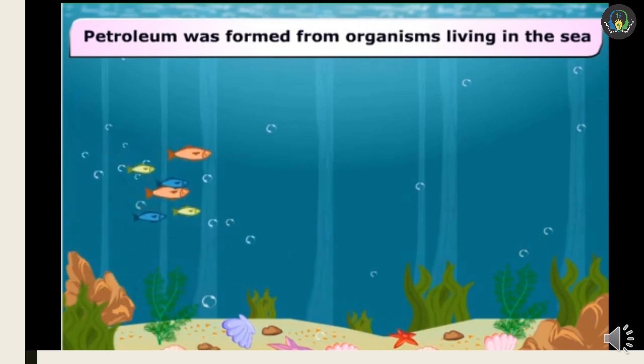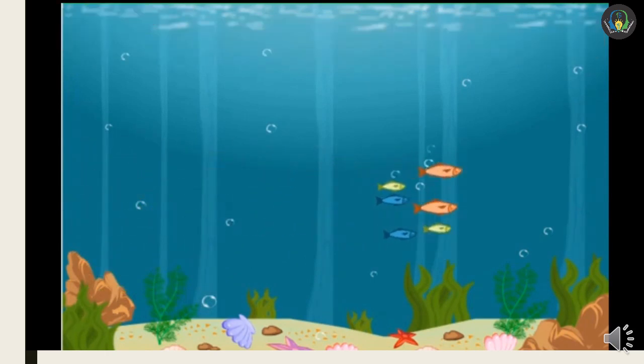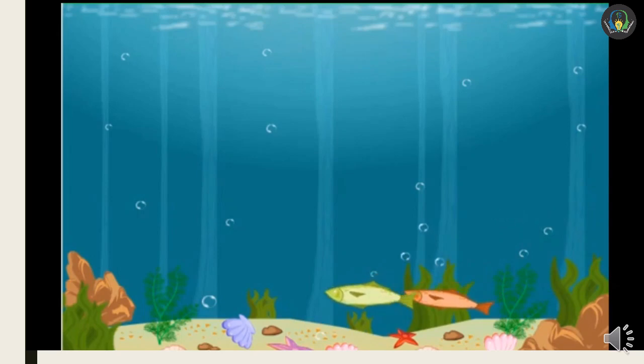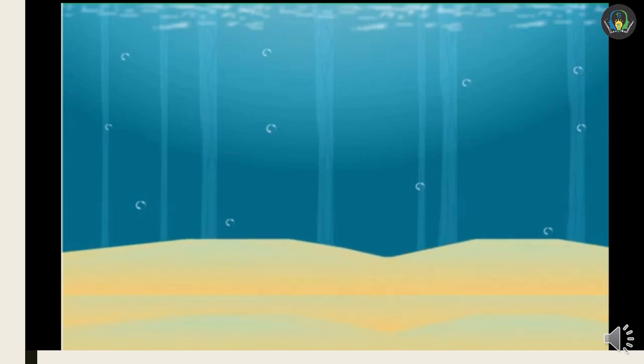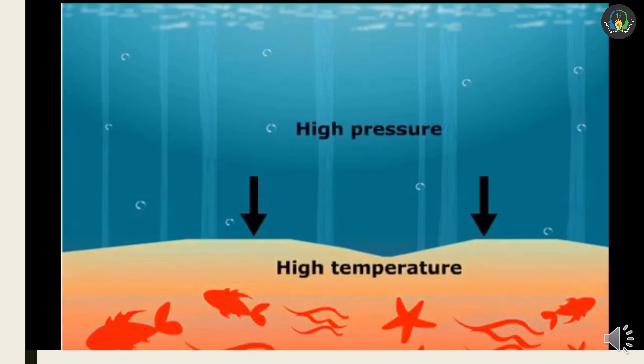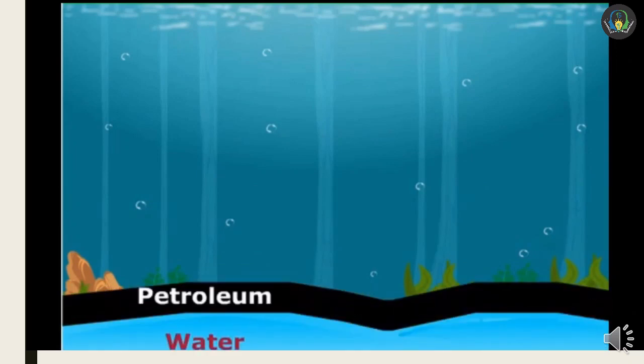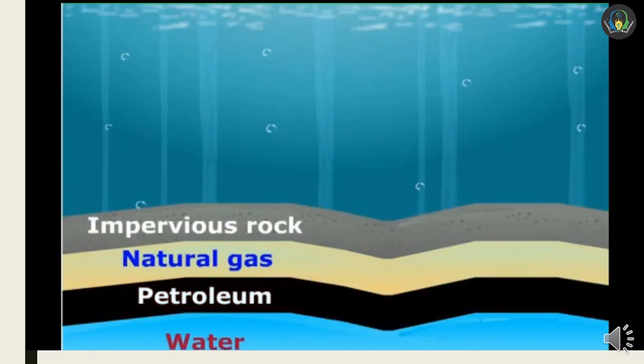After a few years, when they died and got deposited on the seabed, they were covered with multiple layers of soil. Now, as they sank deeper and deeper, there was high pressure and high temperature present at the seabed, due to which they got converted into petroleum and natural gas.